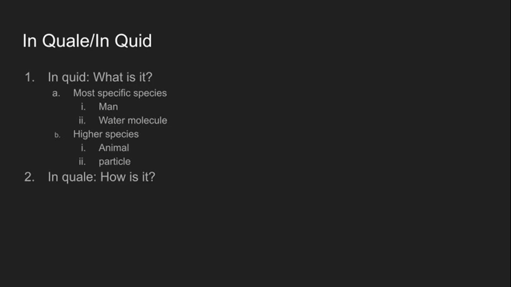And then there is a second kind of in quid predication, which works at a slightly more general level. So it would be any species which is not the most specific. So animals, physical things, these would count as the second kind of in quid predication. And then you have in quale predication, which is how is it?